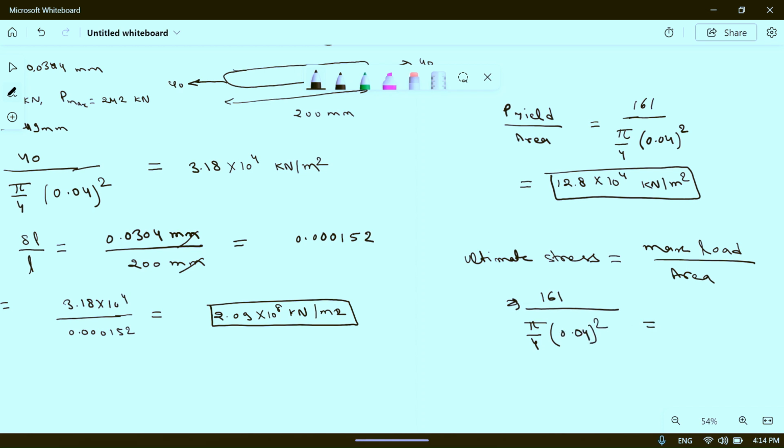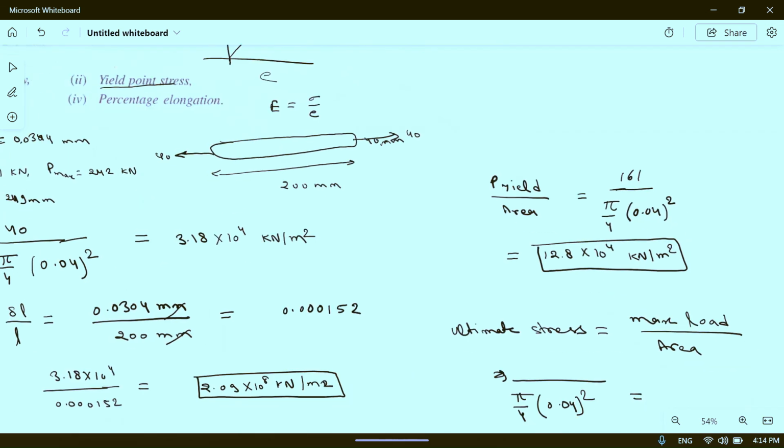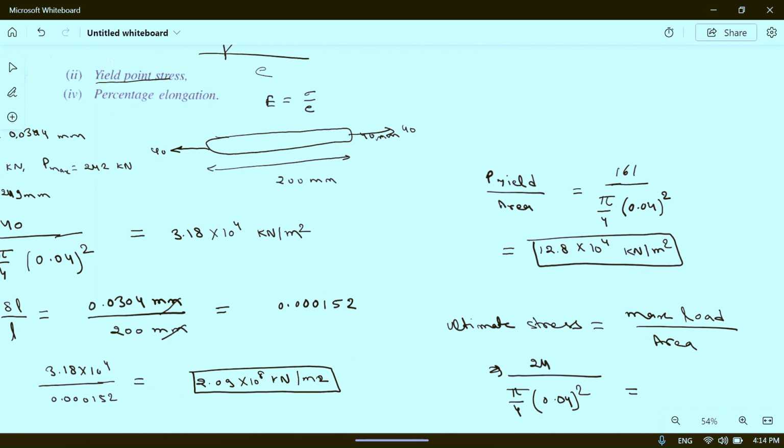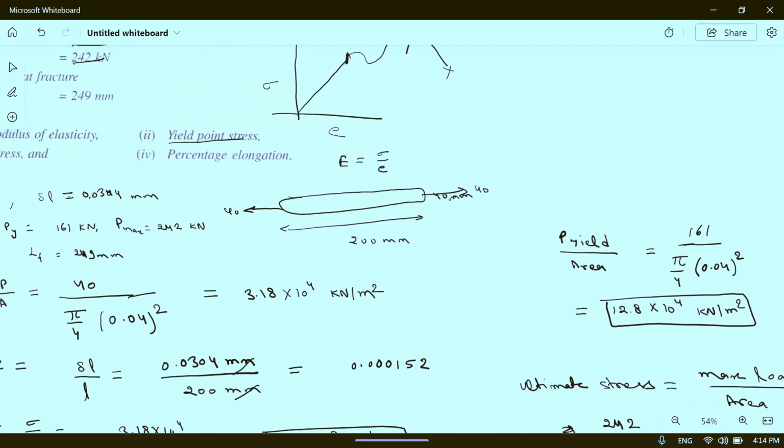So this will be equal to, sorry, this was not 161. This is actually, you can see here, it is 242 kilonewton. So here it will be 242 kilonewton. So if you calculate it, then you will get 19.2 into 10 to the power 4 kilonewton per meter square. So this is ultimate stress.